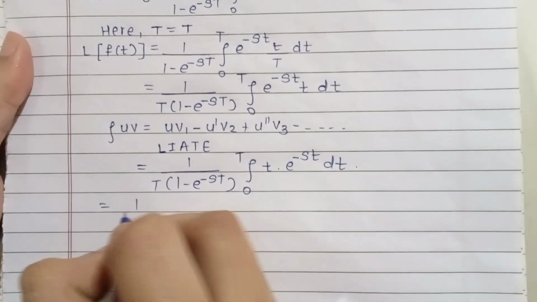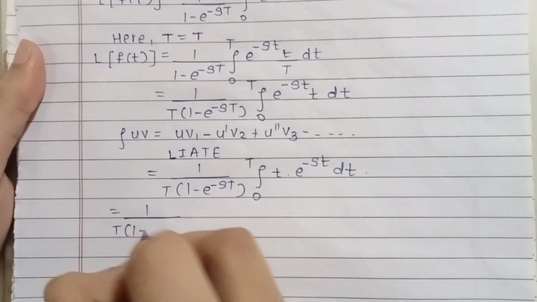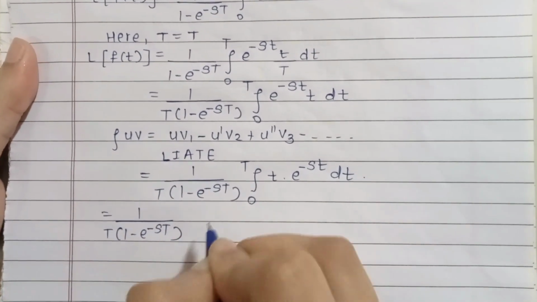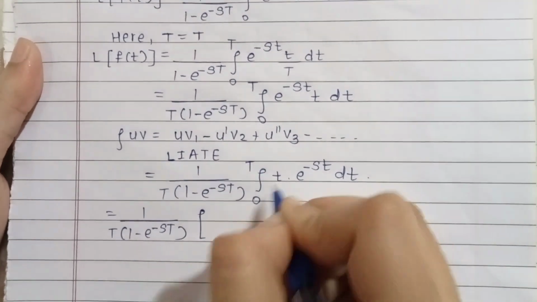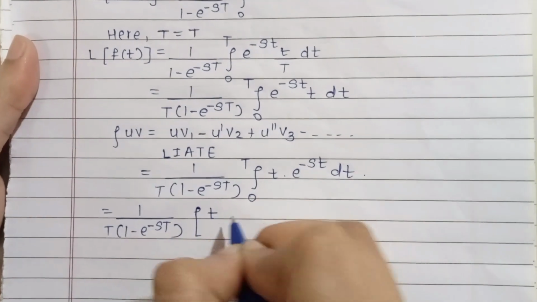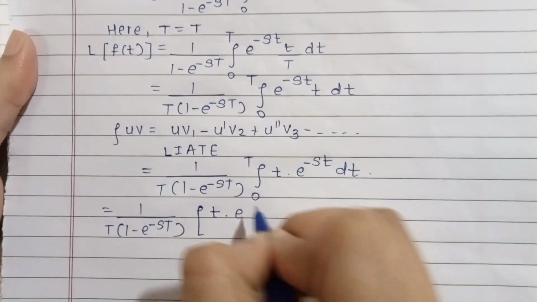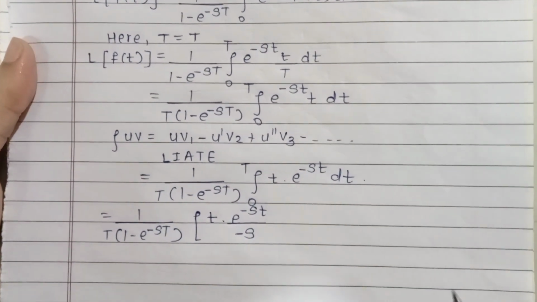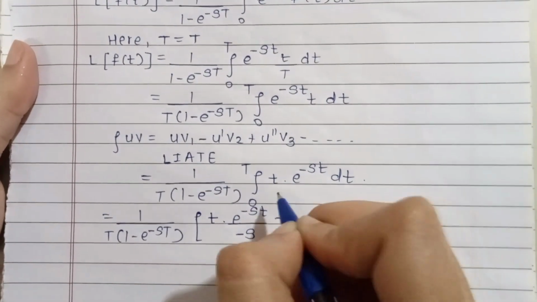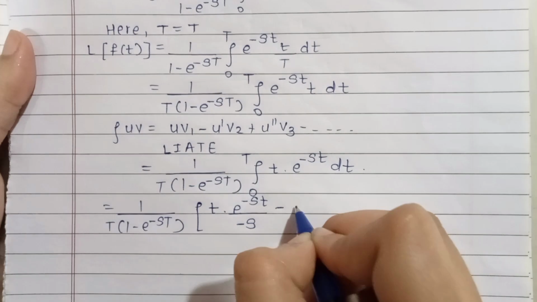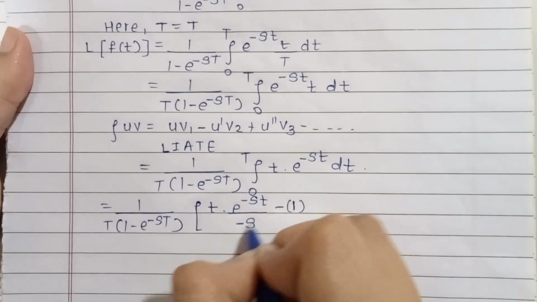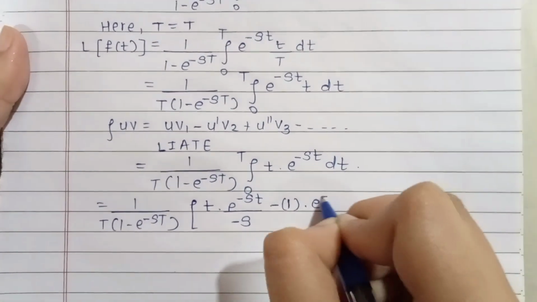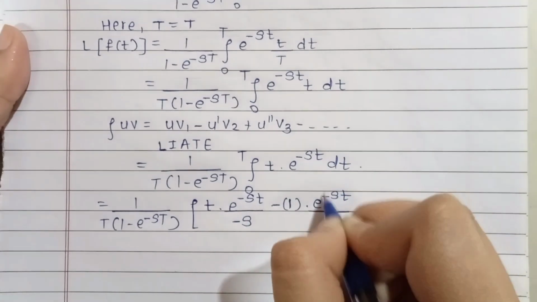This will remain as it is. This will become t, first term as it is. Integration of second term is e raised to minus st upon minus s. Then minus, again derivative of this term is 1, and integration of this term is e raised to minus st upon again this minus s.